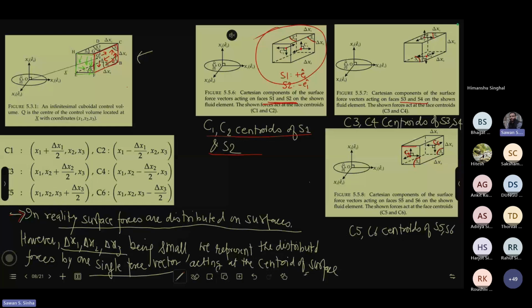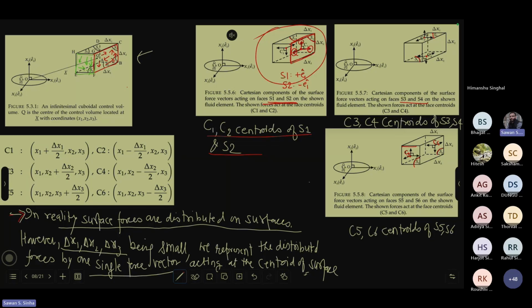Then I'm showing some arrows on these figures. These arrows are the surface force components that are acting on the corresponding surface. For the S1 surface, the surface force vector has these three components, and I have put those three components at the centroid, as an equivalent force system.